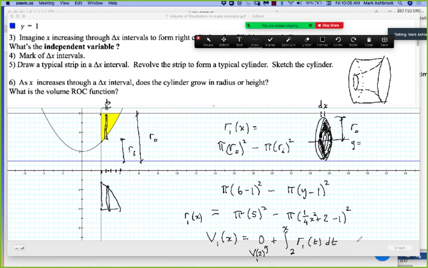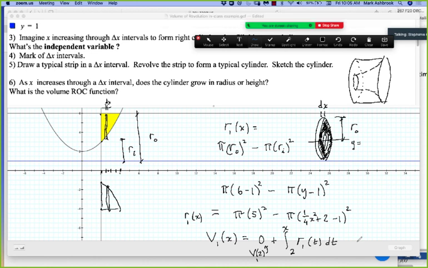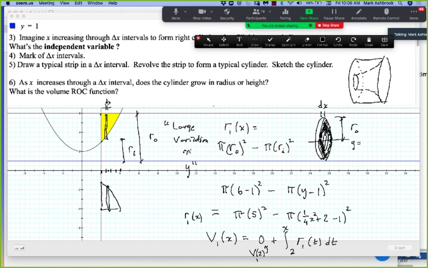All right, questions on using x varying through delta x intervals? Yes. For the inner and the outer radius, you would say that that was a large variation in y. That's right. Do you understand why? It's because the other possibility would be a y coordinate, but a y coordinate is always a distance from the x-axis.